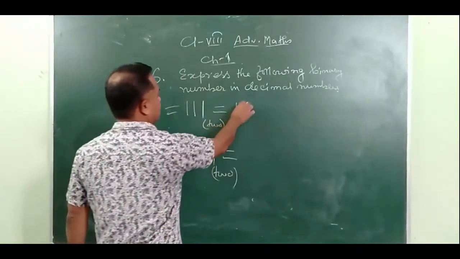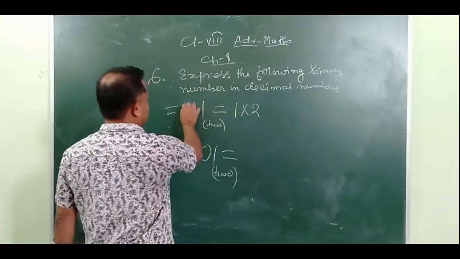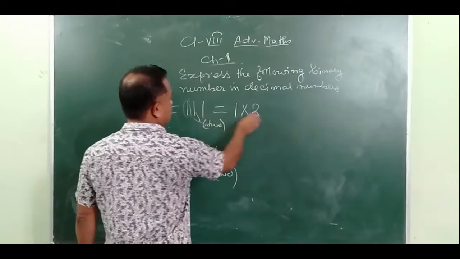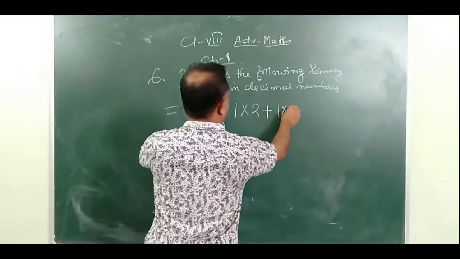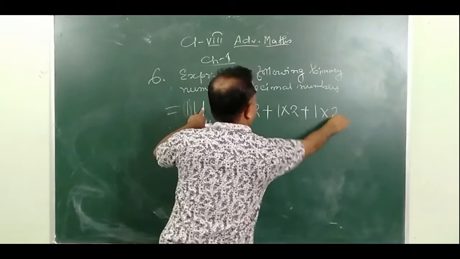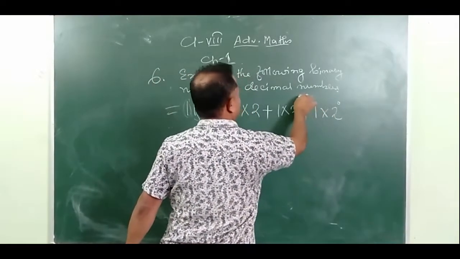Base is given as 2. Each given number multiplies with the base, and the next number multiplies with the base again, plus this number again multiplies with the base. Now we will check the power. It will go on increasing.